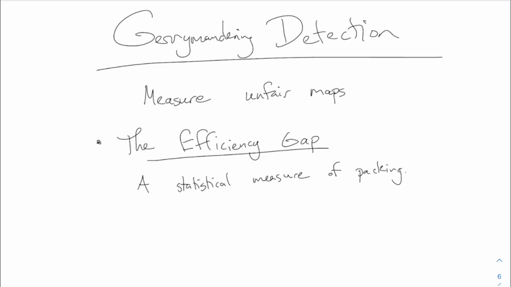One red flag that there is some kind of funny business going on is if the districts tend to be packed one way or another, because we've already seen that that is a basic strategy to making an unfair map, by packing the districts full of one party or full of the other party. So the efficiency gap is a specific statistical measure of packing, and you can use this to analyze a map and try to see if that map has been unfairly packed. That's the idea behind the efficiency gap.